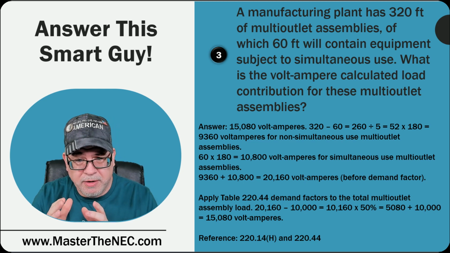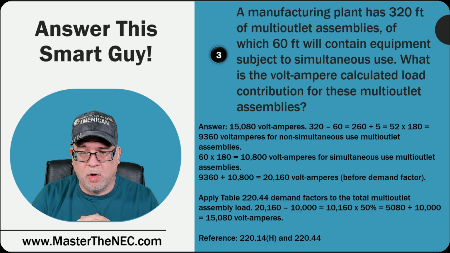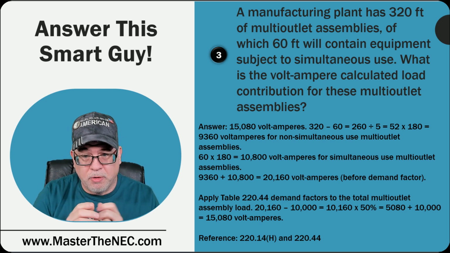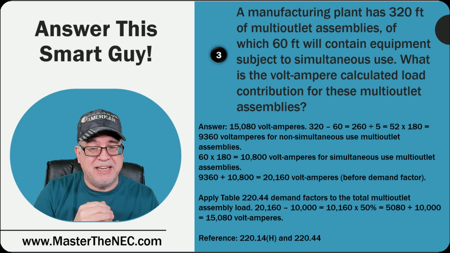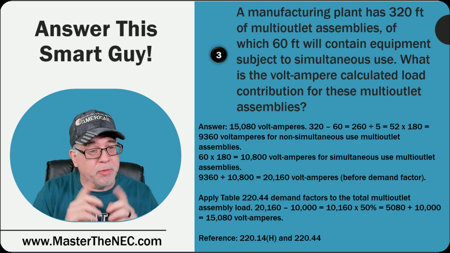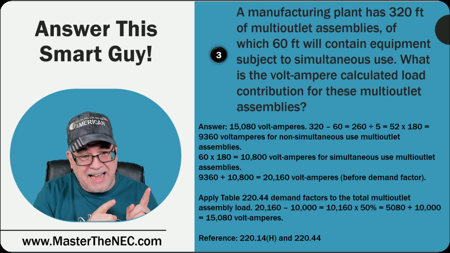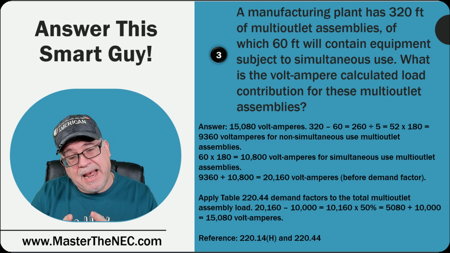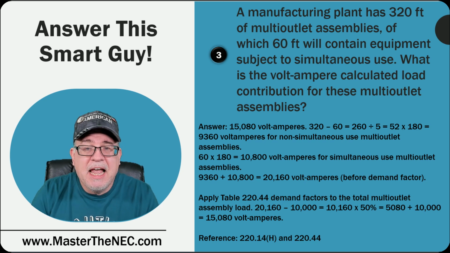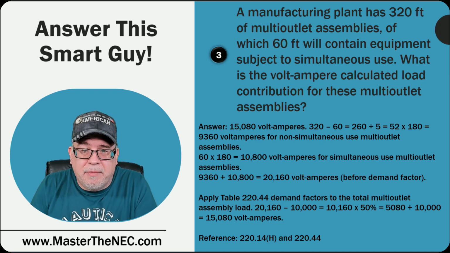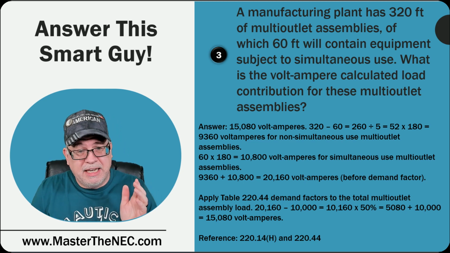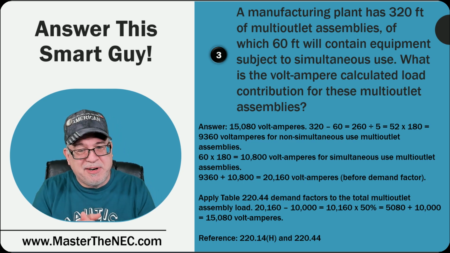The remainder was 10,160, and we do that at 50%. So 50% of that is 5,080. Now you just add that original 10,000 at 100% back to it, and that's how we got the 15,080 VA. And that ultimately ends up being your contribution to your service calculation. Okay, pretty neat how that works out, right?